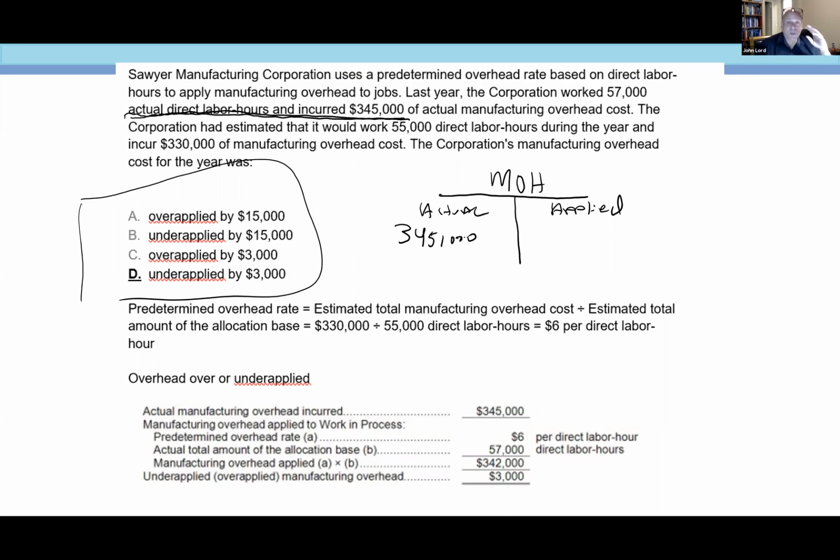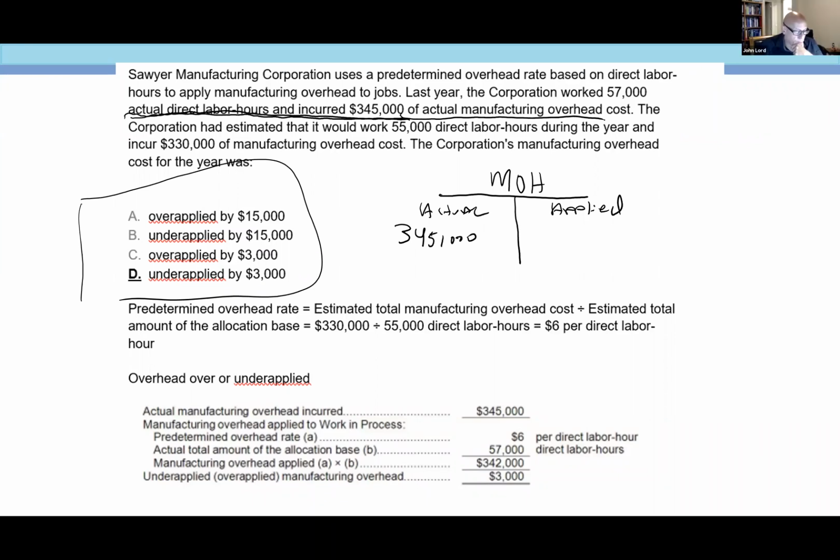You hit the biggest guy first. So they gave me this 345, boom, I got you. Now I just got to fight these last 2 little guys to figure out what's going on. So I know I have 345 of actual manufacturing overhead costs.